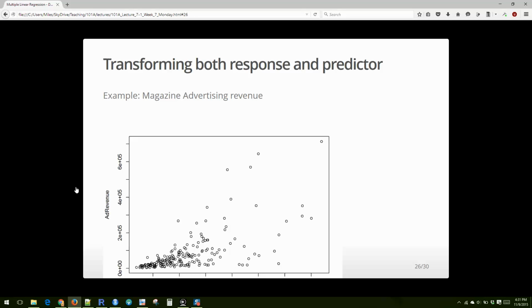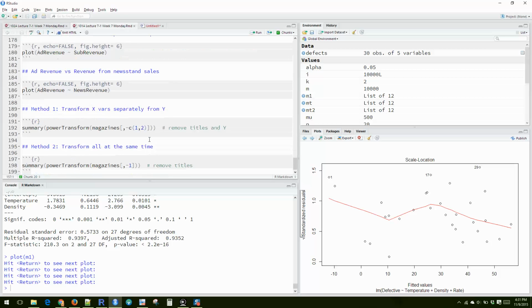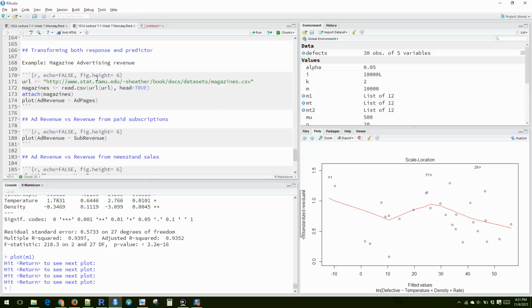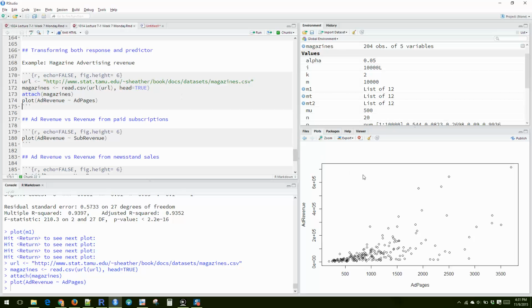Now we can talk about transforming both the x variables and the y variables, and my graphs here are getting their x-axis cut off. Okay, so here we are looking at some magazine data.